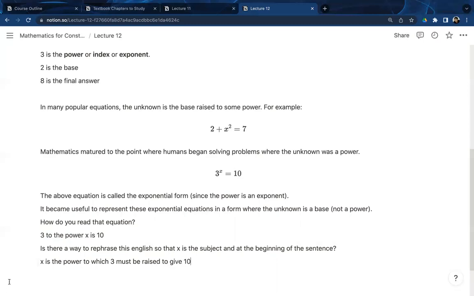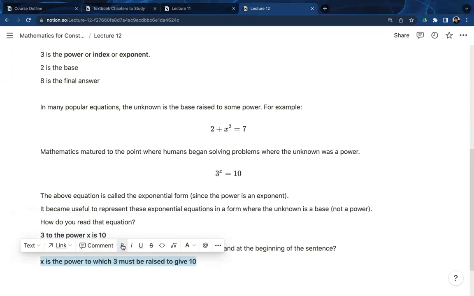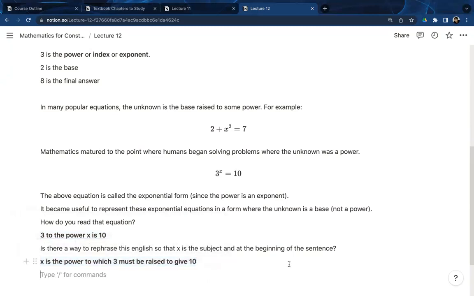It's the same thing, right? This sentence here is the same as this sentence here. Obviously, the second sentence is a little more words, right? But the idea is you want to make x the subject of the formula, right? You don't want it mangled up in here.